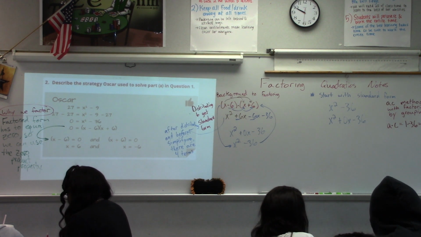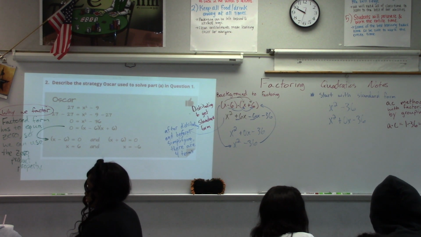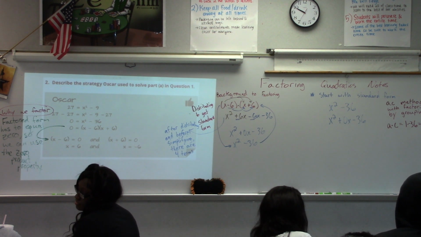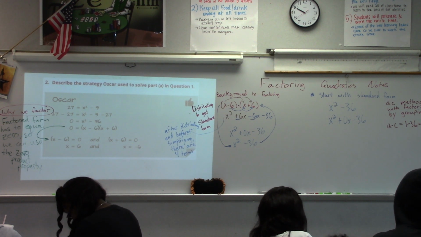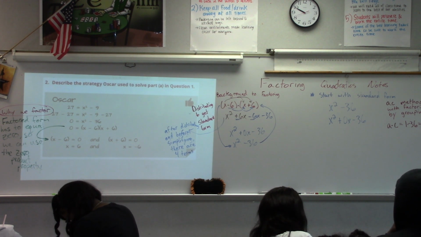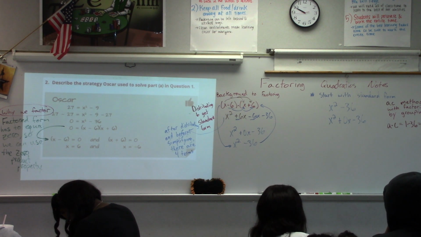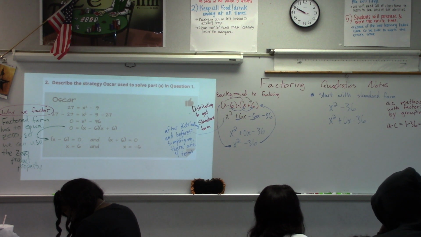What are your questions at this point? Yeah, what does AC stand for? Remember, I just said A times C is 1 times negative 36. Any guesses? Oh, do we have an A and a C in the standard form? Yes, we do, right?